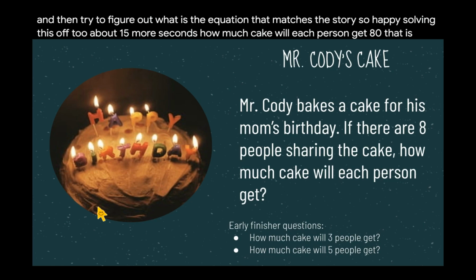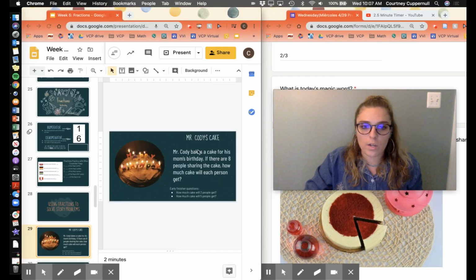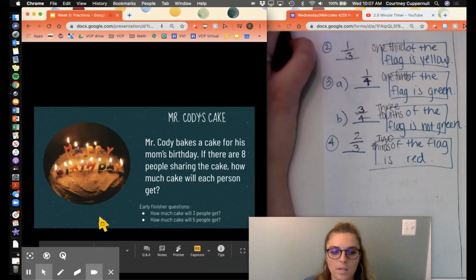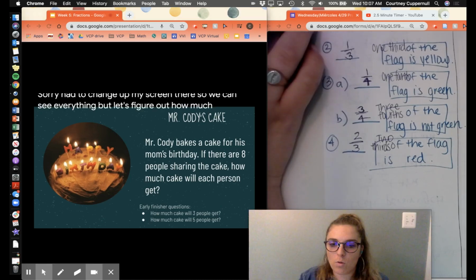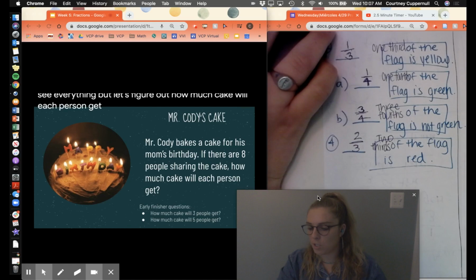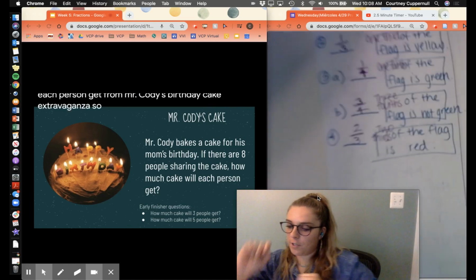All righty, that is our time. So let's figure out, how much cake will each person get? Sorry, I had to change up my screen there so we could see everything. But let's figure out how much cake each person will get from Mr. Cody's birthday cake extravaganza. The first thing that I hope you did was draw a picture.